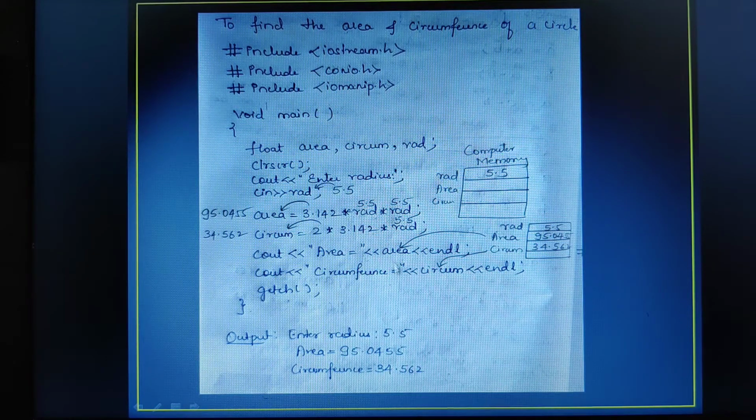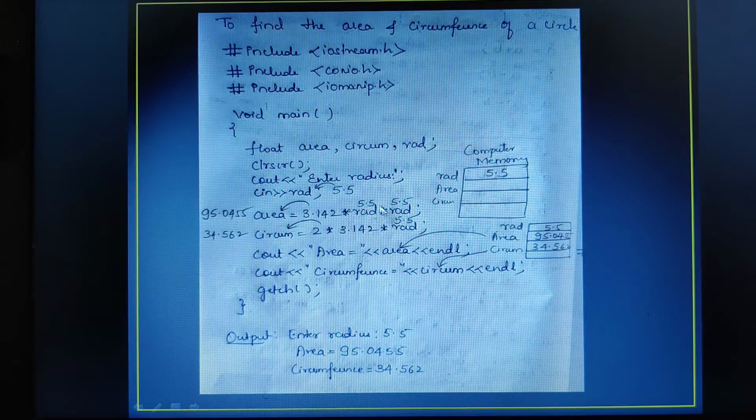Followed by that, we have the circumference, that is 2 pi r. Again the calculation takes place. The new value will be stored into the variable known as circumference, that is 34.562 will be stored in the computer memory wherever the storage location name is circumference. I hope you are able to understand.